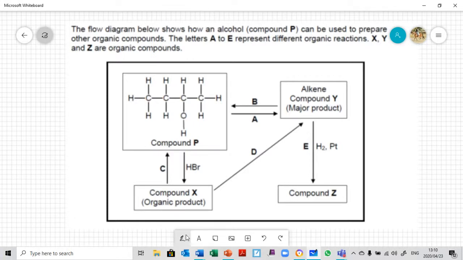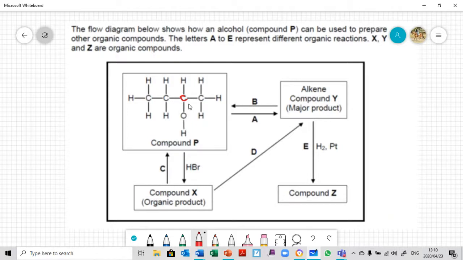I might delete the writing that I'm doing now, but I just want us to have a point of reference. Right, so we are looking at that carbon. The facts about this carbon will tell us what type of alcohol we're dealing with.